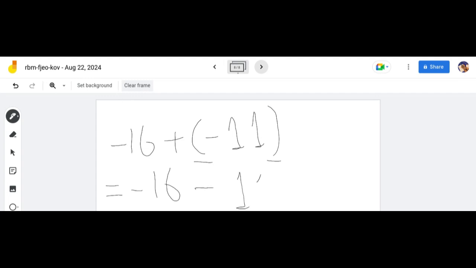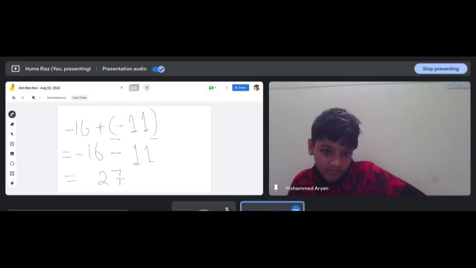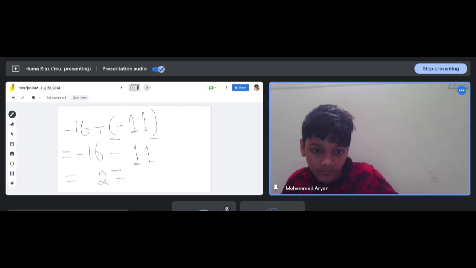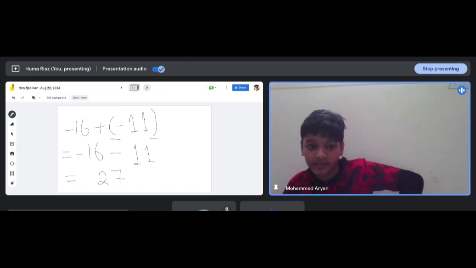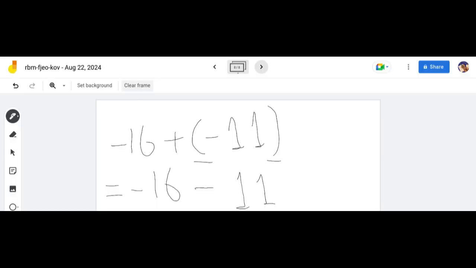Now minus minus is equal to plus, so I have to add these 16 and 11. 6 plus 1 is equal to 7, 1 plus 1 is equal to 2. So which sign do I have to use here with the answer? The sign of 16, so minus 27.